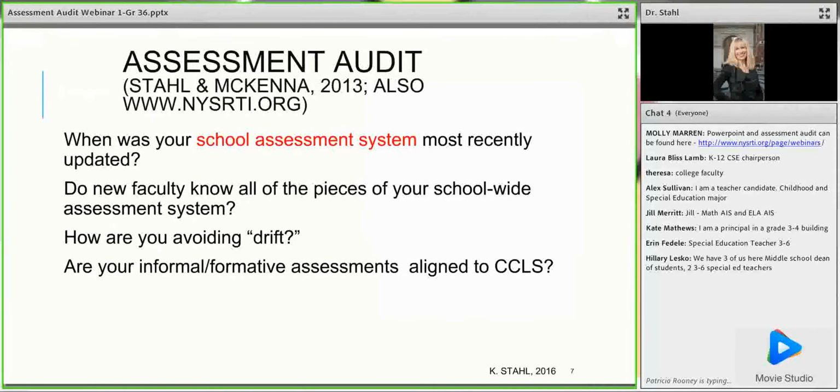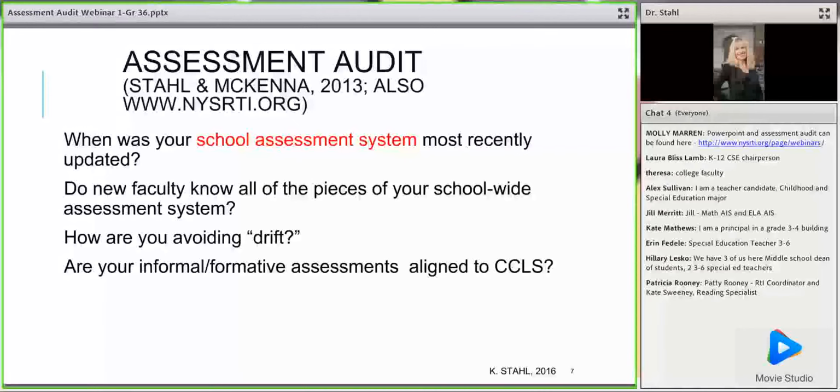So the assessment audit is a really important process in streamlining the assessments that your school is using. Some of the things that you might want to ask yourself about conducting a school assessment audit is, when was the last time you actually took a look at your assessment tools that are being used in your school?